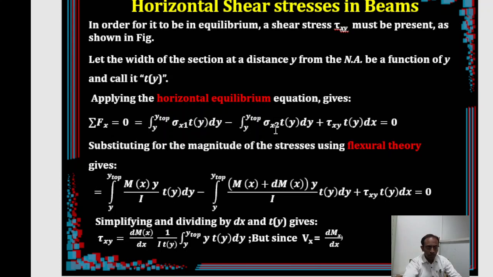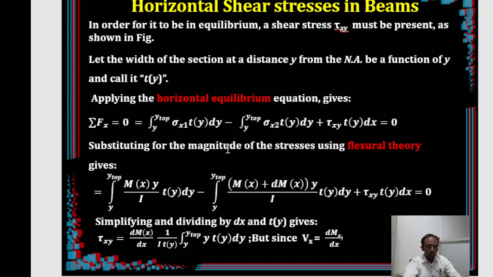This one is acting towards left, therefore negative, y to y top sigma x times the width times dy. It is a normal stress, therefore the normal area is taken, that is t(y) dy. And tau xy was taken in the x direction, so t(y) times dx.